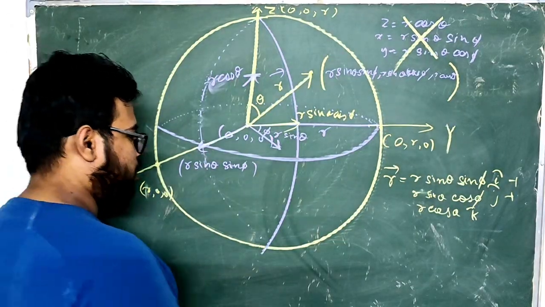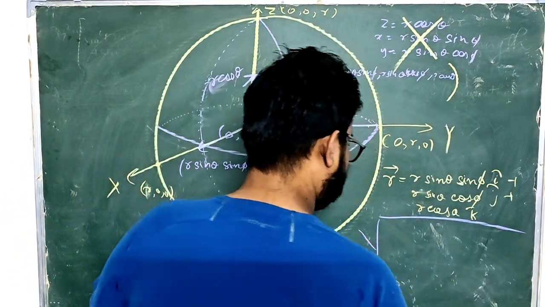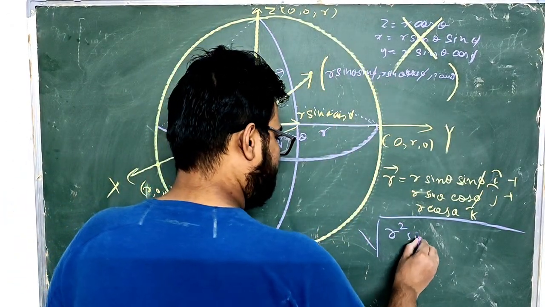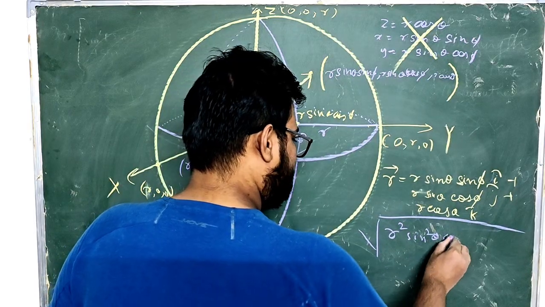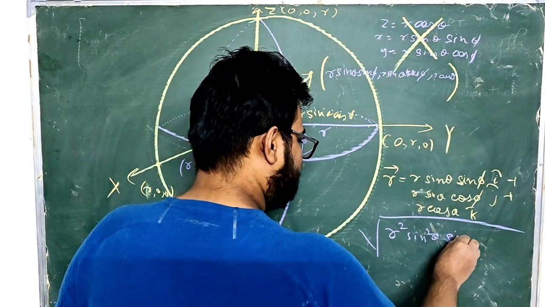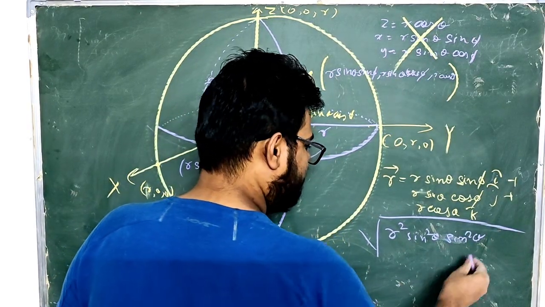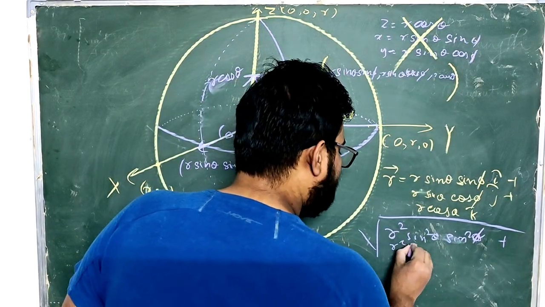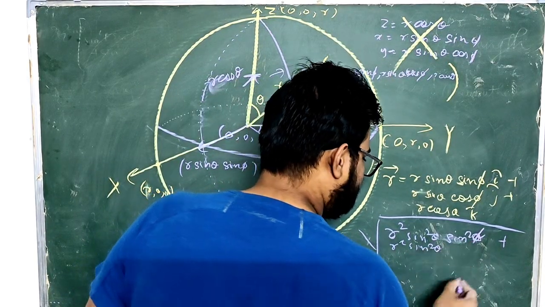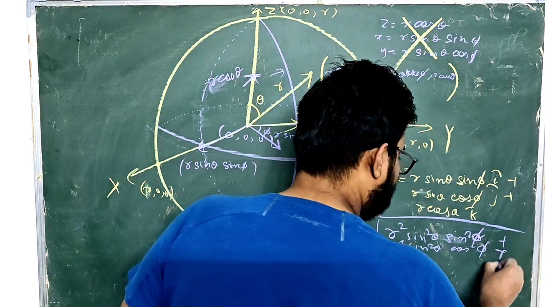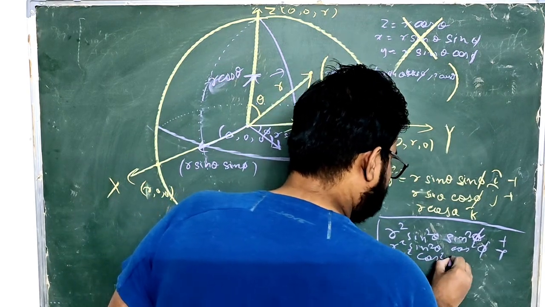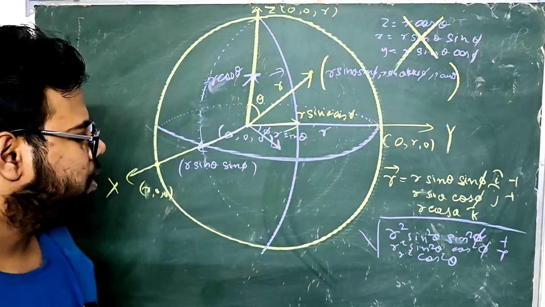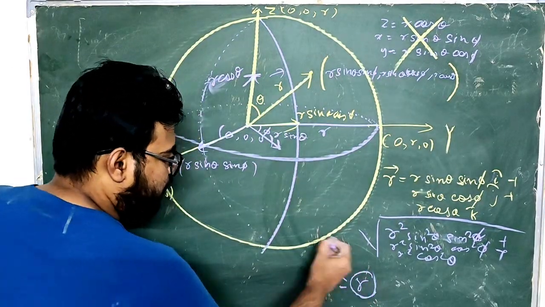You will get the square root of r square sin square theta sin square phi plus r square sin square theta cos square phi plus r square cos square theta. It will turn out to be equal to r.